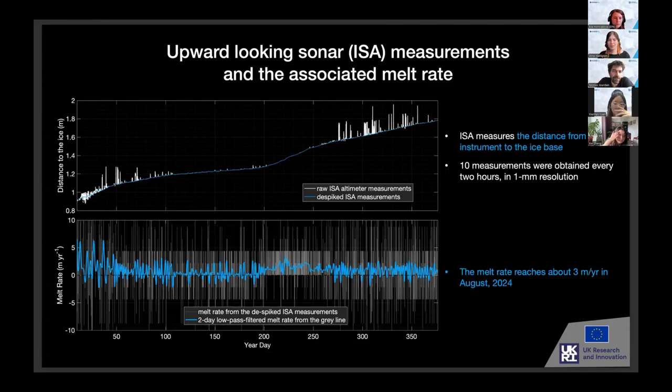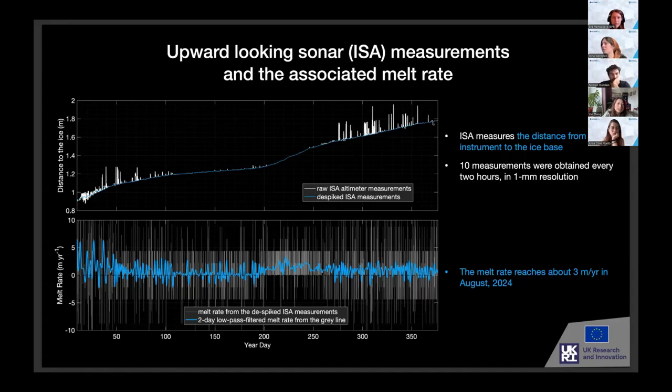At the beginning of our campaign, the distance from the instrument to the ice base was about 0.9 meter, and towards the end of it, it was about 1.8 meter. So the ice shelf was melting away at about 1 meter per year in this location.